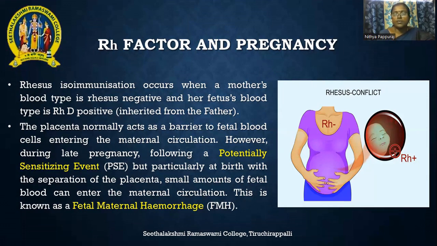During late pregnancy, following a potentially sensitizing event, but particularly during the time of birth, the separation of the placenta, a small amount of fetal blood can enter into the maternal circulation. This is called fetal maternal hemorrhage.